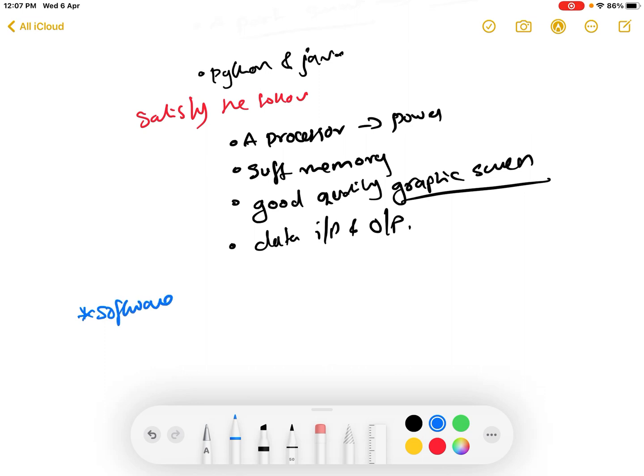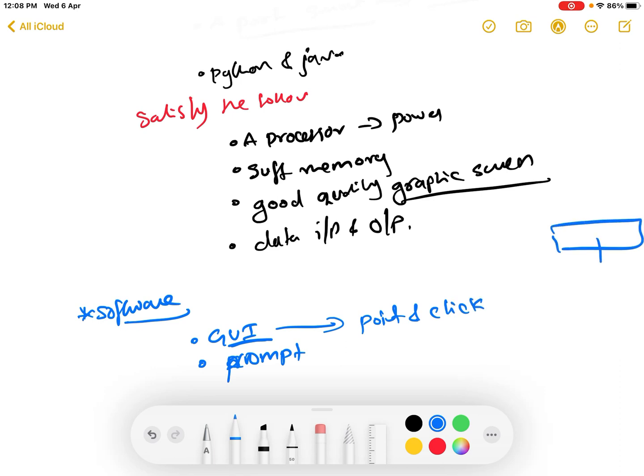Then we have the software. We use software to input data, to analyze data, to manage data, and to process data. We also need it for the user interface, which can be a graphical user interface or a command prompt interface.